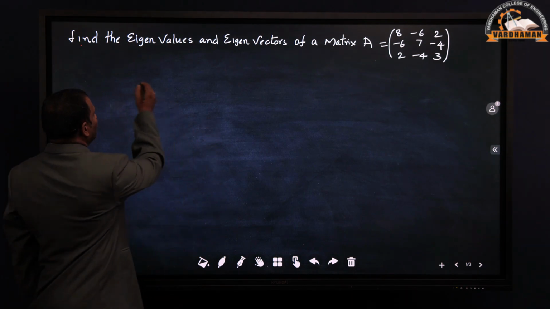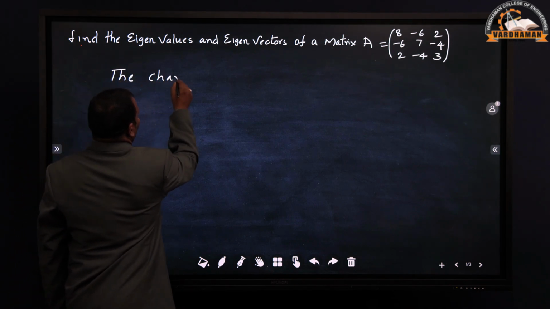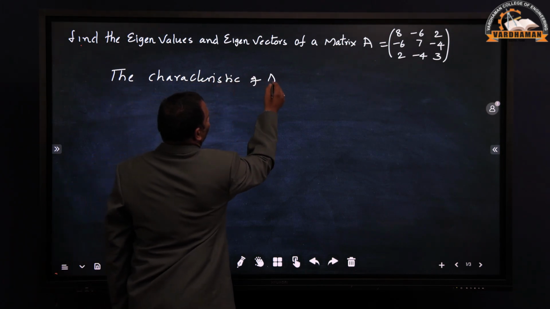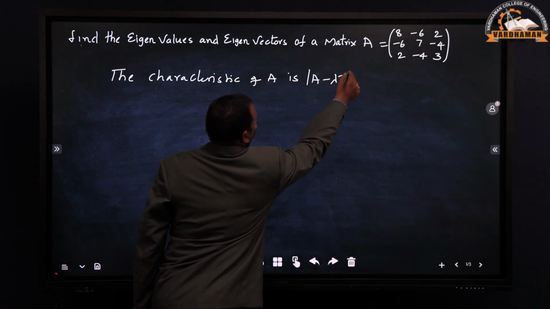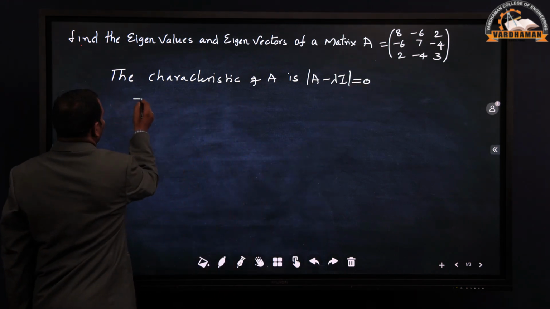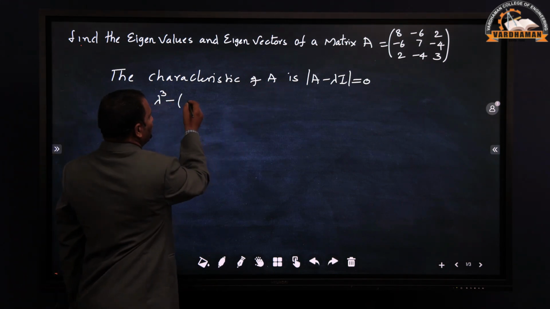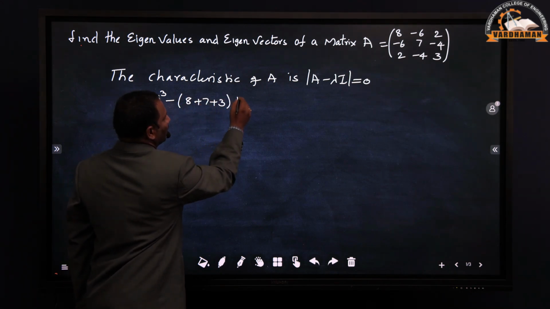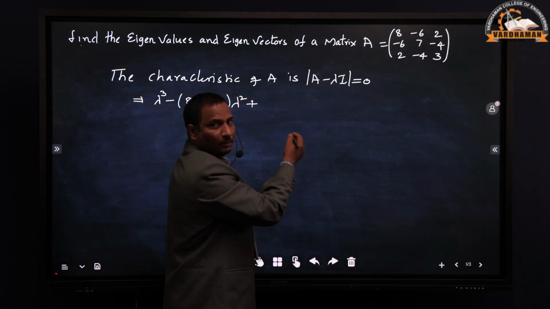First we need to find the characteristic equation. The characteristic equation of a matrix A is given by det of A minus lambda I equals 0. Instead of finding that, we will use the simplest form, that is lambda cube minus the trace of the matrix, which is 8 plus 7 plus 3, times lambda square, plus the sum of the minors of the principal diagonal elements.